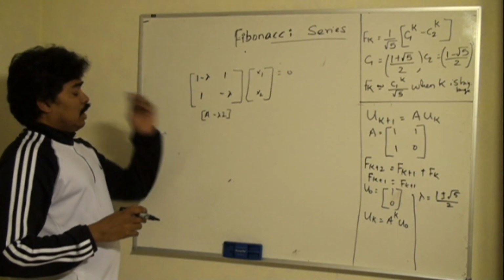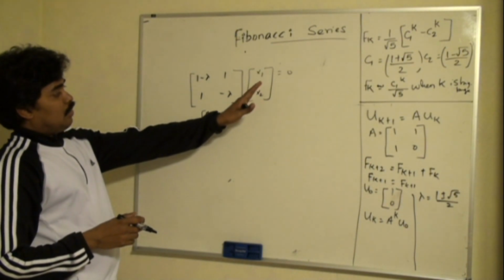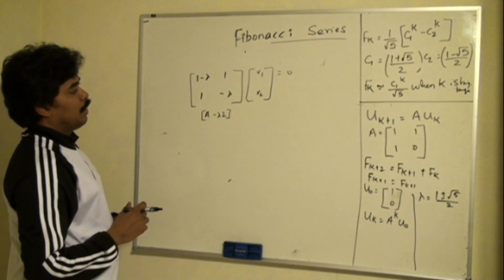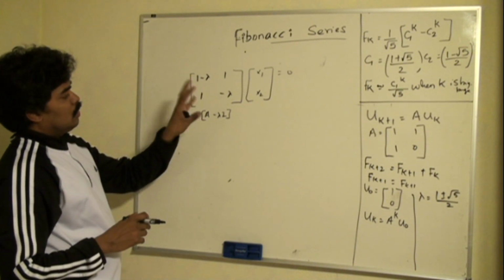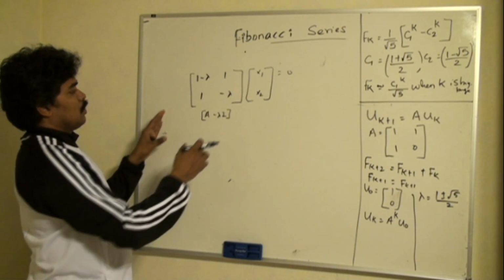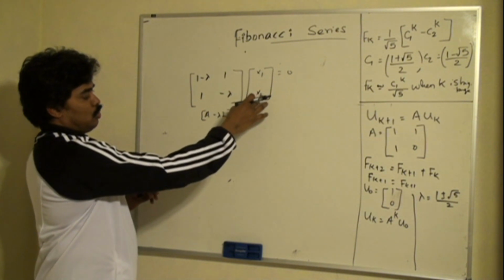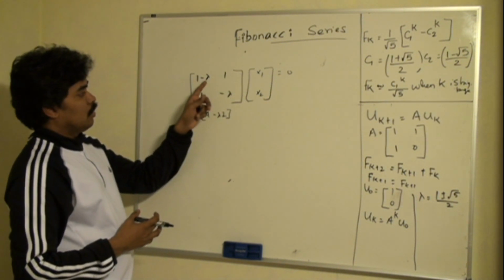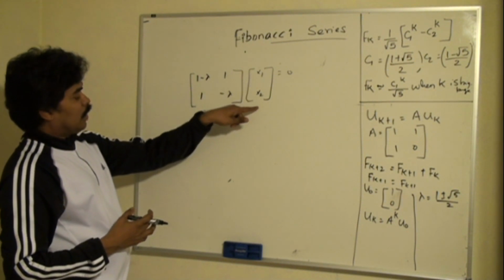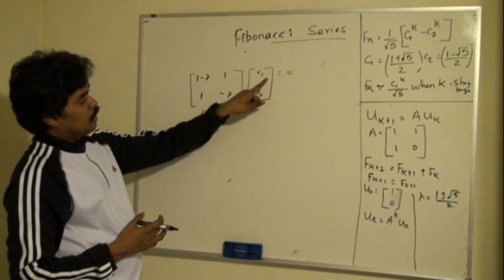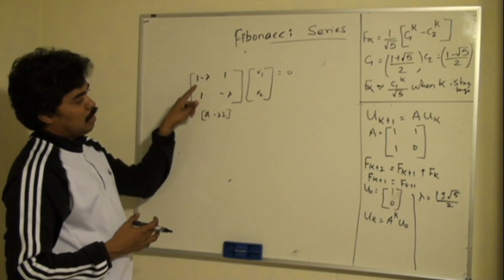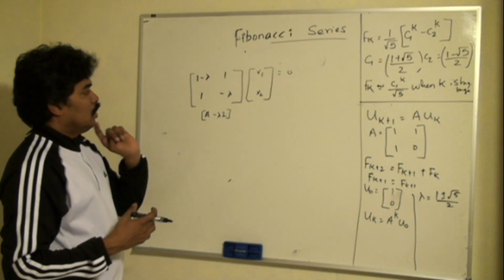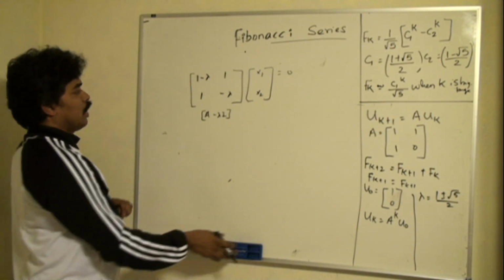If you think about it, this is the null space of this matrix A minus lambda I. So what that means is we have to find x1 and x2, a vector which is orthogonal to the rows of this matrix. When we find this x1 and x2, the dot product is going to be 0 because they are perpendicular to each other. So now we have to find x1 and x2 here.